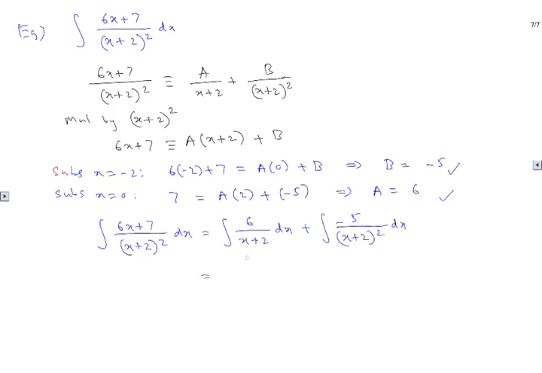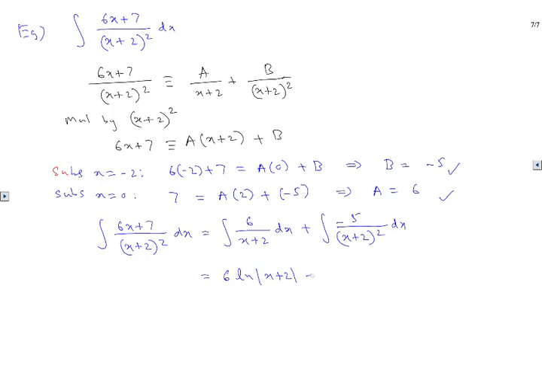The first one is easy, it is 6 ln x plus 2. For the second one you can use the power rule, bring it to the top, so it's going to be -2, and then we can use the 4 formulas again here, because the derivative of x plus 2 is just 1, so you can pull the -5 out.